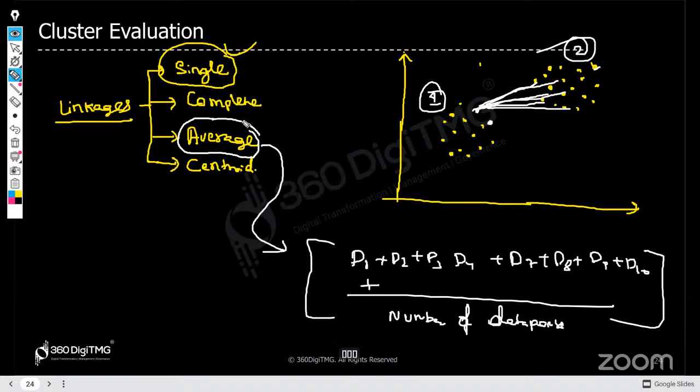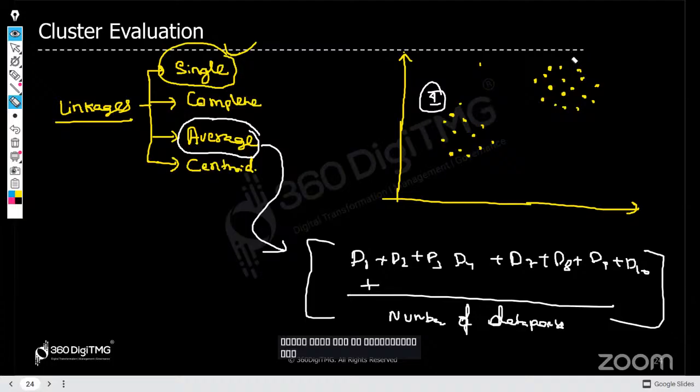In the same way, what if I want to find the centroid of this cluster? Let's suppose the centroid lies over here. And if I find the centroid for this other cluster, it will lie over here.